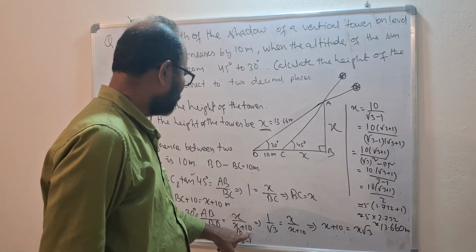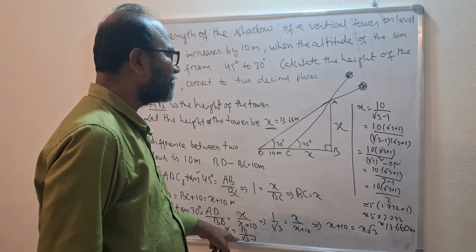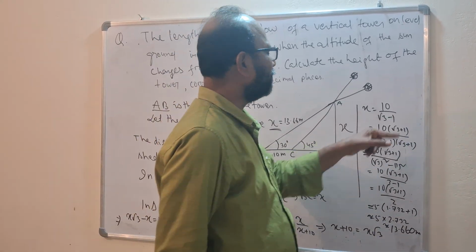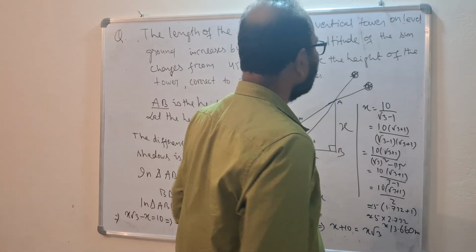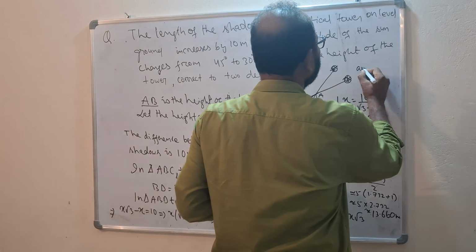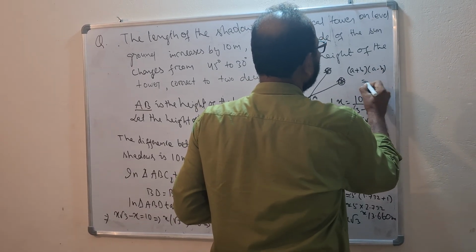So now you have to rationalize the denominator. You multiply by root 3 plus 1 in numerator and denominator, and you have used the identity a plus b into a minus b is equal to a square minus b square.